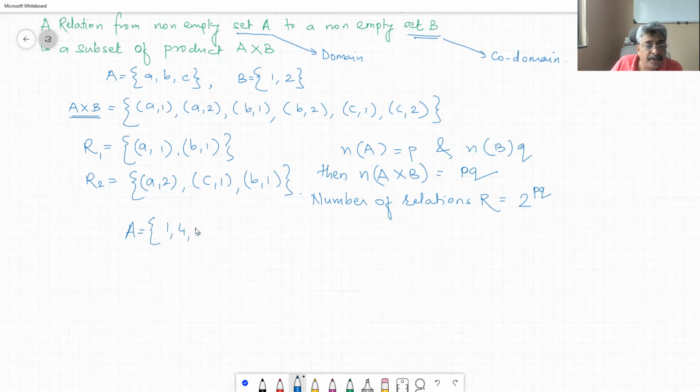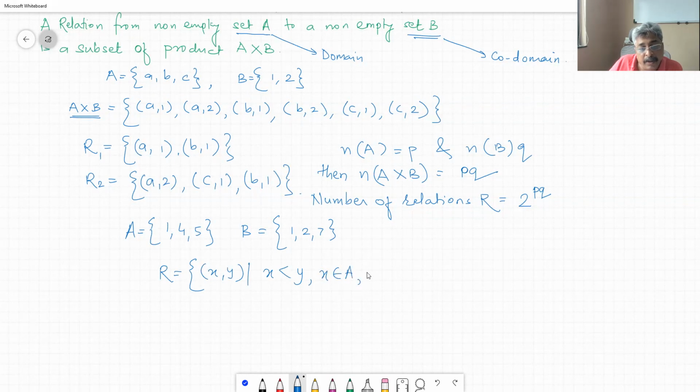Okay, so suppose A is 1, 4, 5. B is 1, 2, 7. And we want relationship R, all those ordered pairs X, Y, such that X is less than Y. X belongs to A, Y belongs to B. I mean, this could be another definition of some relation R. Okay.